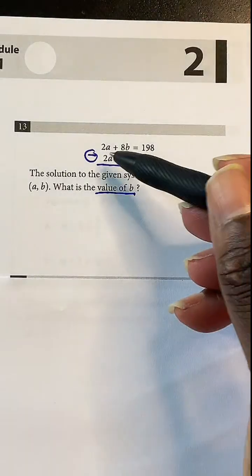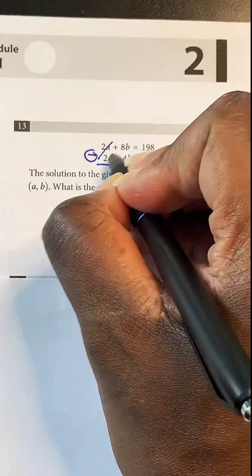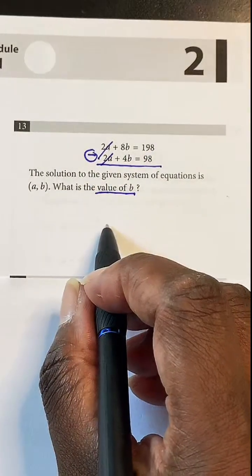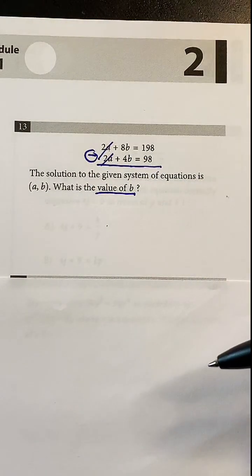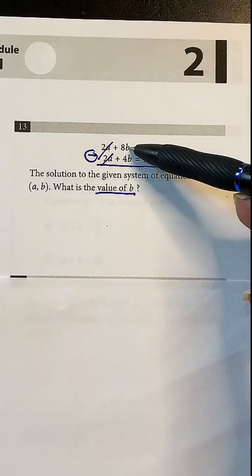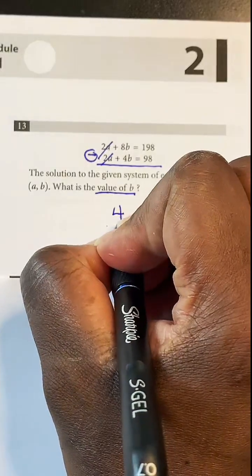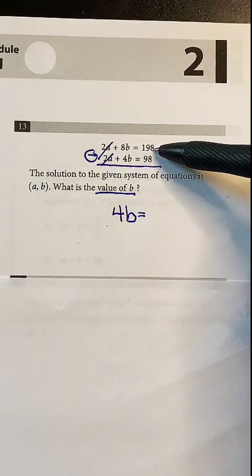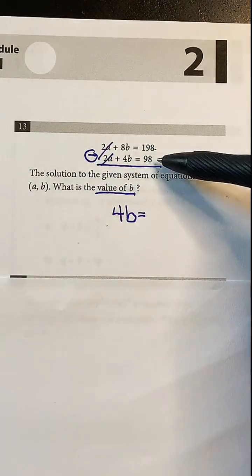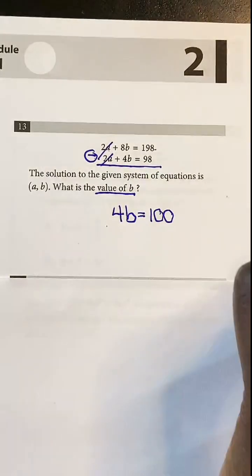Because when I do that, 2A minus 2A, they cancel out. They'll give me 0. And I don't need the 0 as a placeholder because I have the rest of this I have to pay attention to. Now I have 8B minus 4B. That gives me 4B. And then I have 198 minus 98. So that will give me my 100.